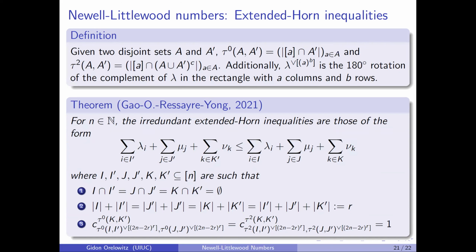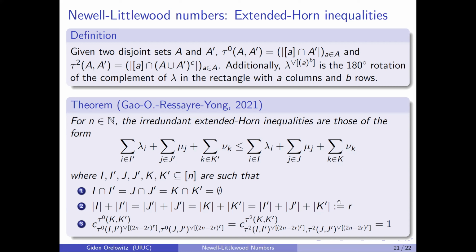And then we have this last condition where, if you remember, for the regular Horn inequalities, we just had that the Littlewood-Richardson coefficients had to be exactly 1 to be irredundant. Here we have that 2 Littlewood-Richardson coefficients have to be irredundant.